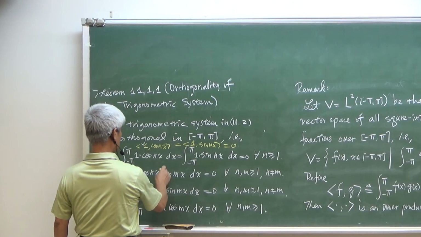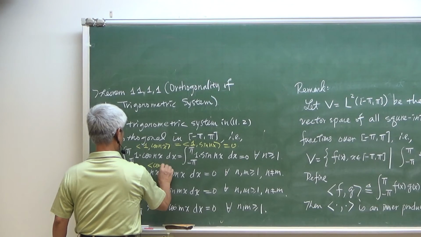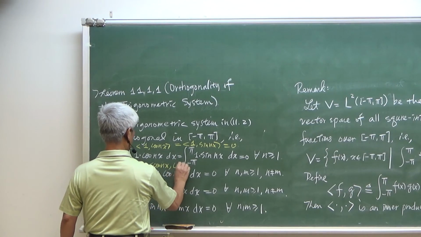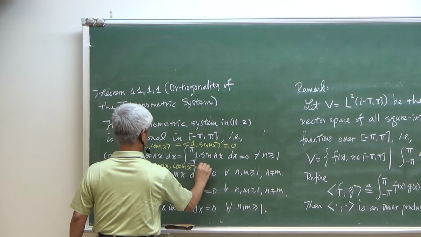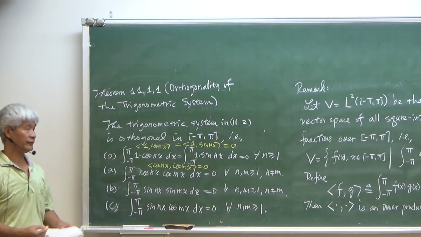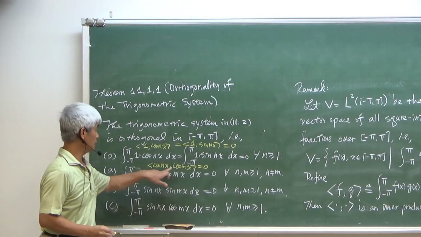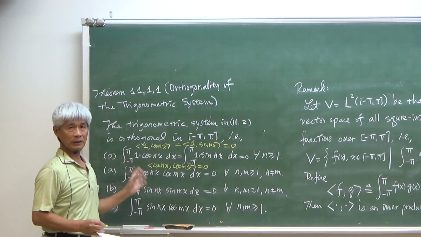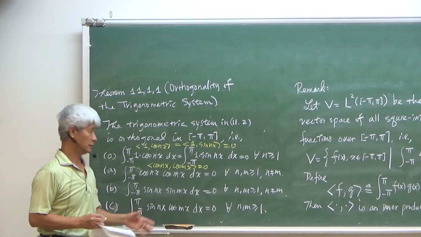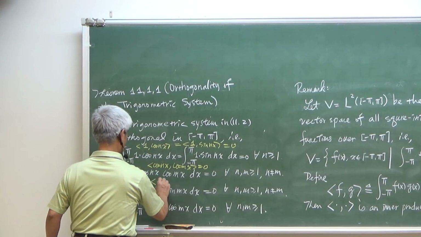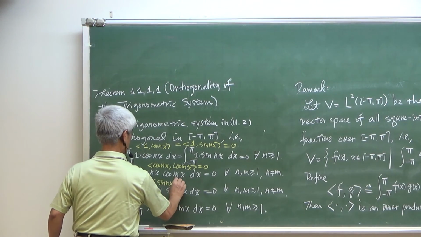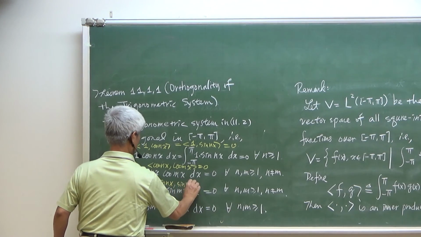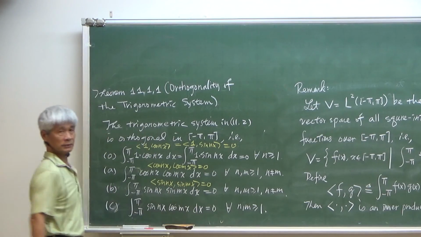And here, the inner product of cosine nx and cosine mx equals 0. So if n is not equal to m, then these two functions are orthogonal to each other. Sine nx and sine mx, also 0.